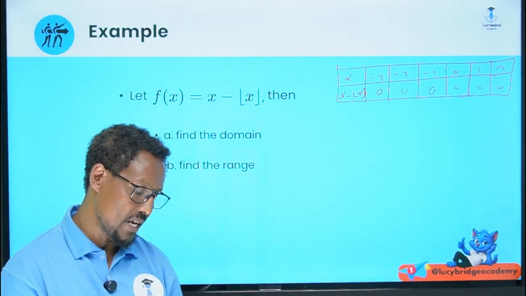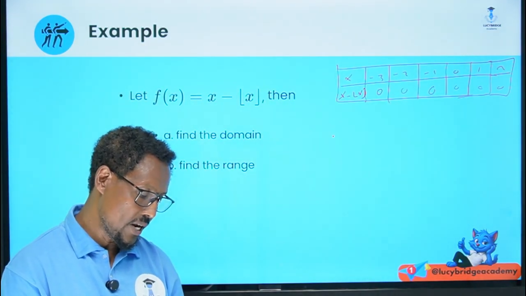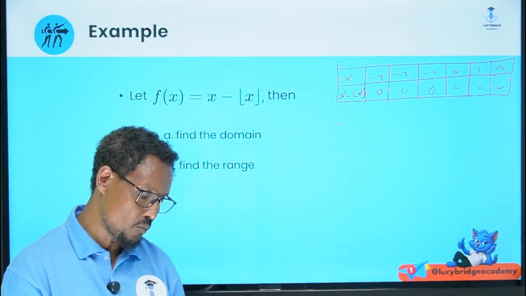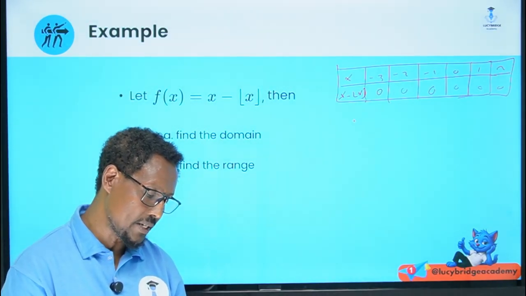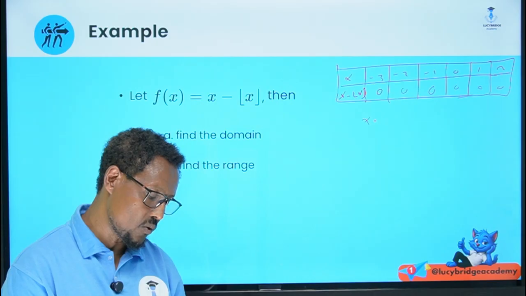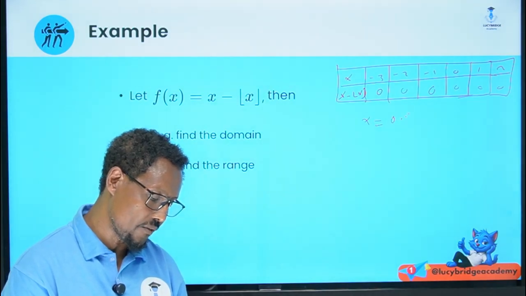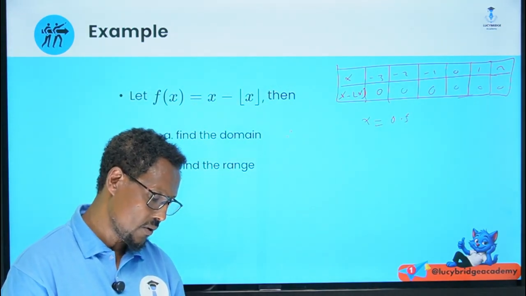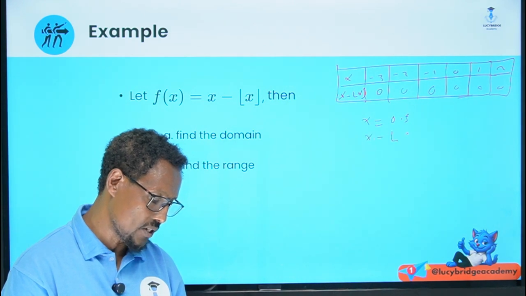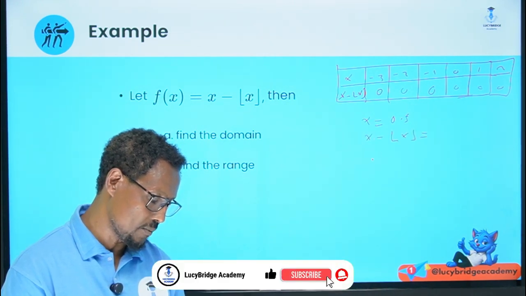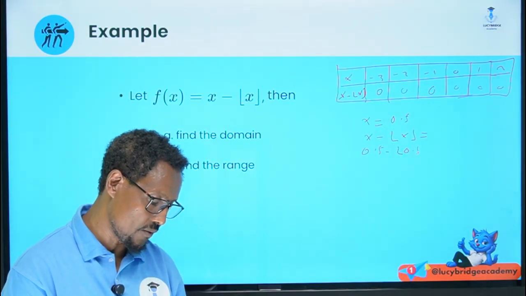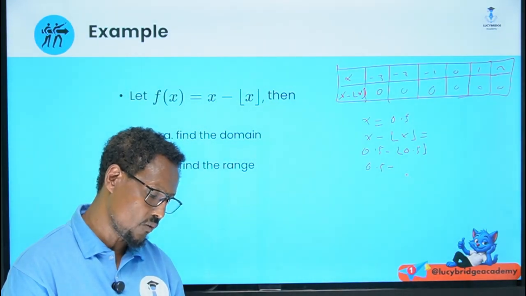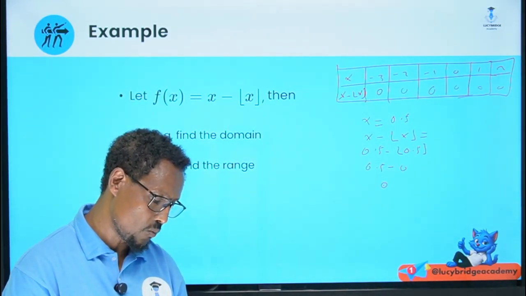For example, when x is 0.5, what happens? x minus floor of x, what happens? x is 0.5 minus floor of 0.5. 0.5 minus what is floor of 0.5? 0, which is 0.5.